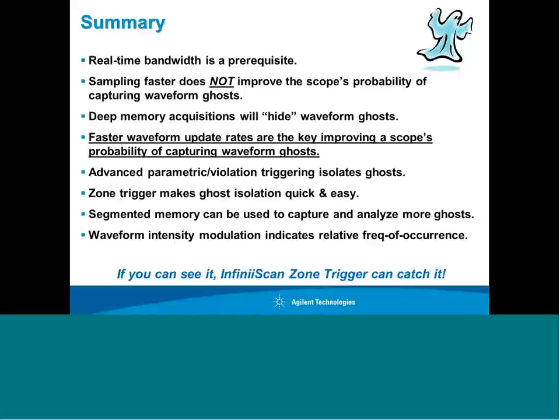Sampling faster does not improve the scope's probability of capturing these infrequent things. Deep memory will actually hide waveform ghosts. As we showed, you capture a deep memory record, there may be a glitch there, but you can't see it. The key, which I've got underlined here, is that fast waveform update rates are the key to improving a scope's probability of capturing waveform ghosts.